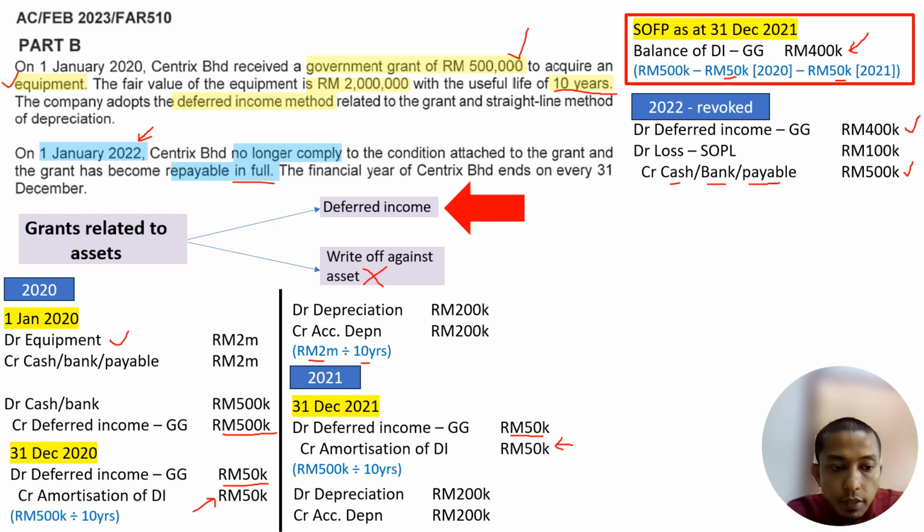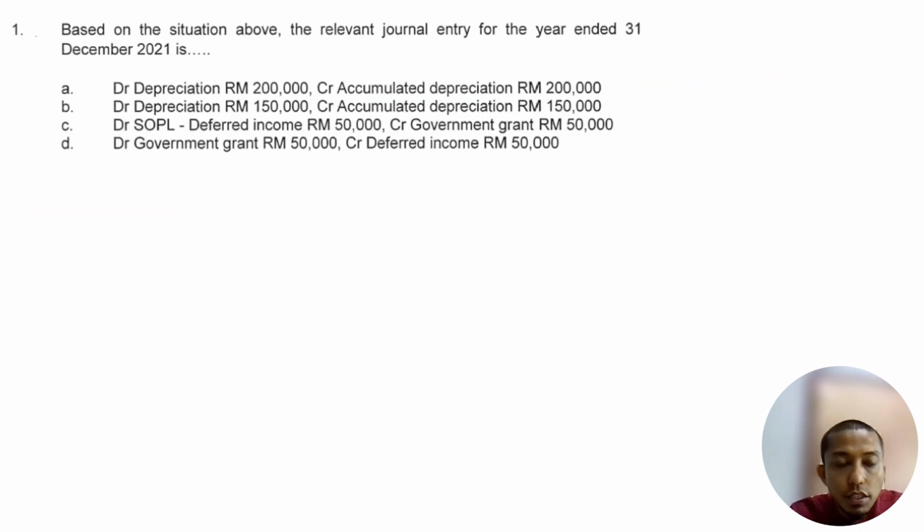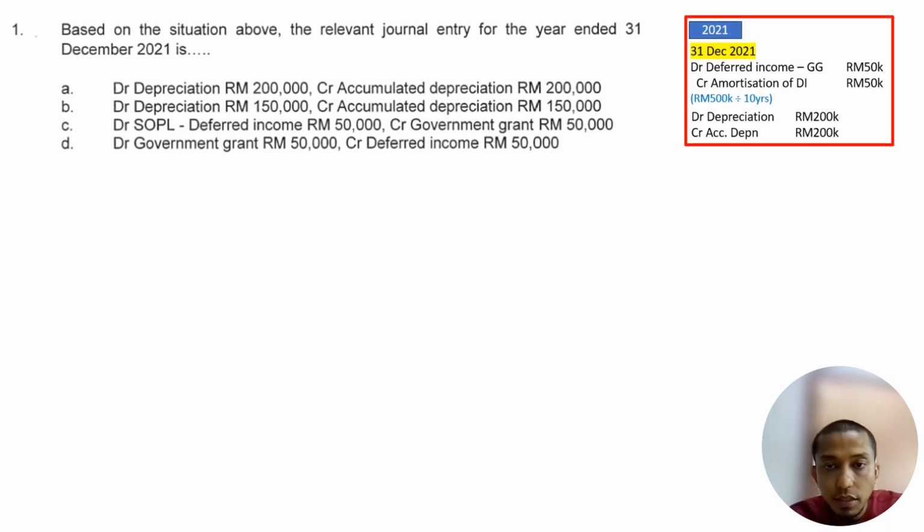Next, we see what the question actually asks. Based on the situation above, the related journal entry for the year ended 31st December 2021. By right, which one is related to our answer? Debit depreciation 200,000, credit accumulated depreciation 200,000.